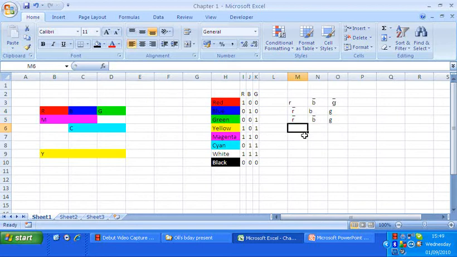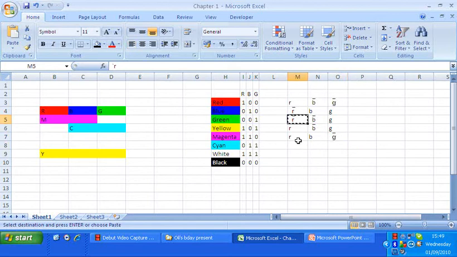Yellow can be represented as red, green, not blue. Magenta as red and blue, not green.